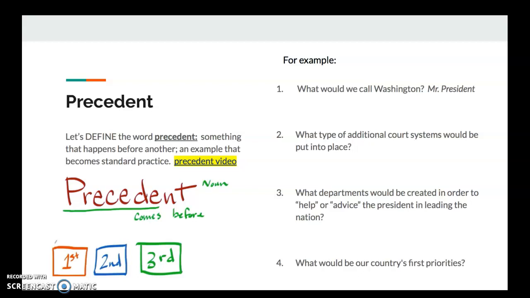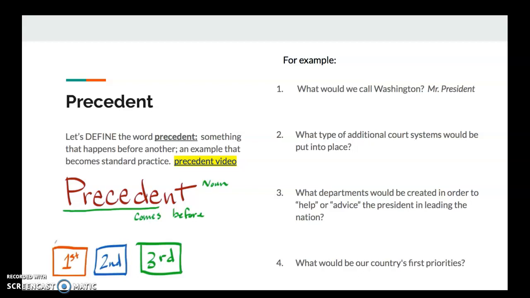That was a precedent set by George Washington. He's the first person that did that, and other presidents that followed him did the same thing. We also talked about this when we did civics: George Washington served 2 terms as president. That was never in the Constitution. The Constitution during Washington's time didn't say how many terms a president could serve.